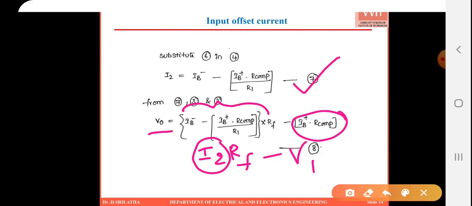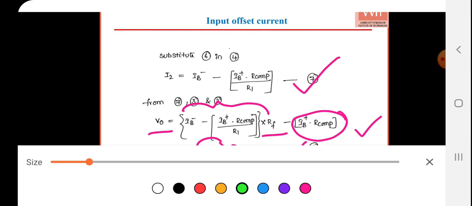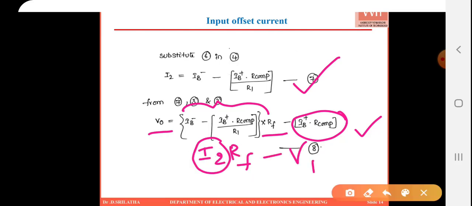So this is the I2 RF term and this is the V1 term, which was obtained from equation 2. I hope you understand.